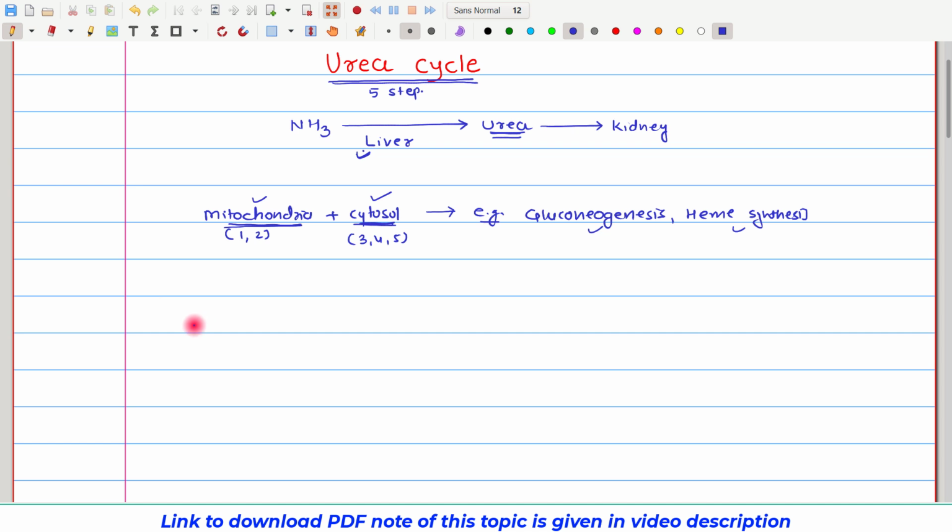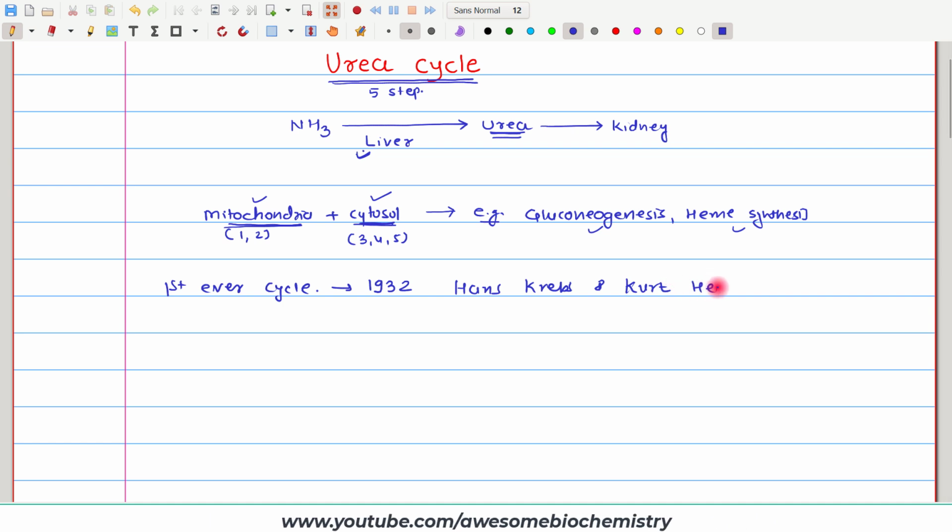Now, if we talk about the history, the urea cycle holds a very unique position in the history of biochemistry, because the urea cycle was the first ever cycle described. It was first described in the year 1932 by 2 scientists named Hans Krebs and Kurt Henseleit. And in honor of these 2 scientists, this cycle is also known as the Krebs-Henseleit cycle.